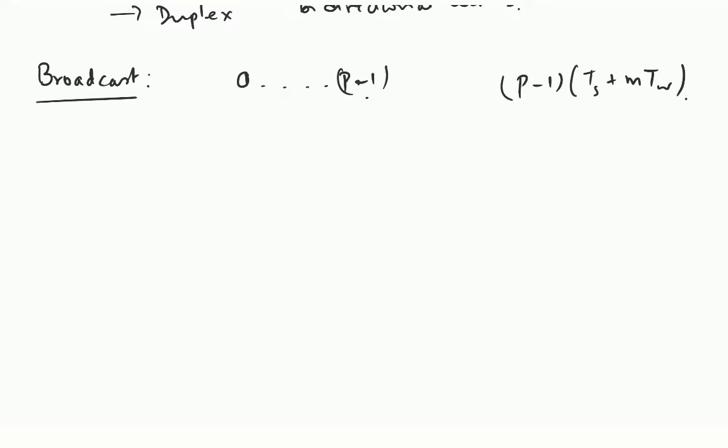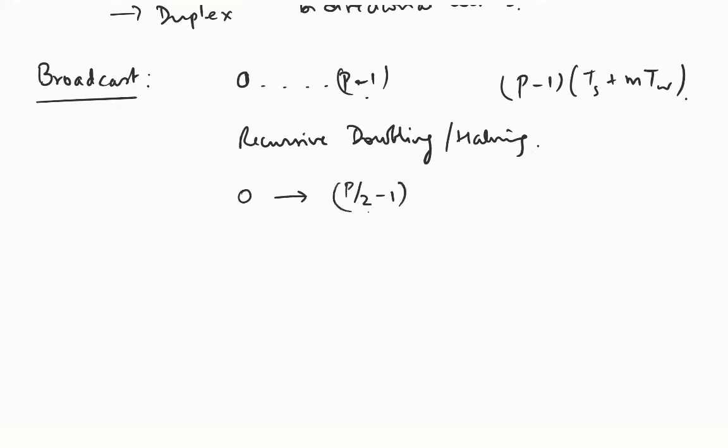So we discussed this already, if you remember. 0 sends to 1, then 0 and 1 send to... Yeah. So that's called recursive doubling or recursive halving, depending on what communication you're performing. But how does this work? So 0 will first send to p by 2 minus 1.